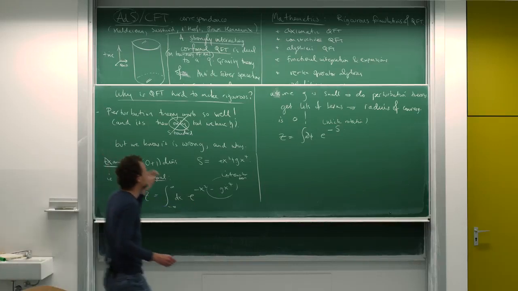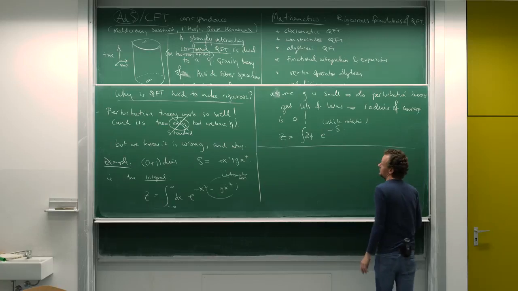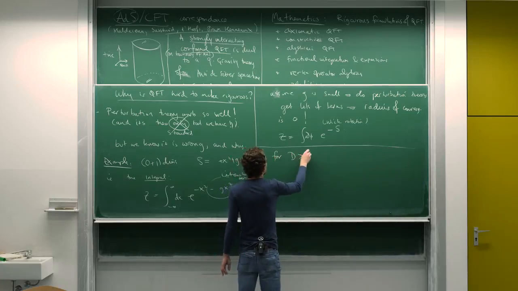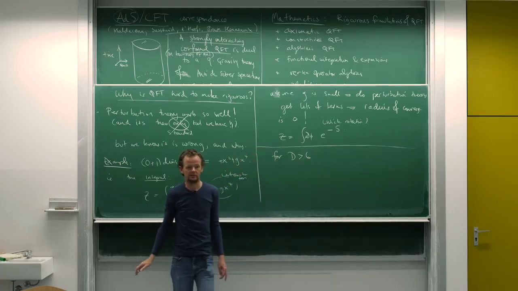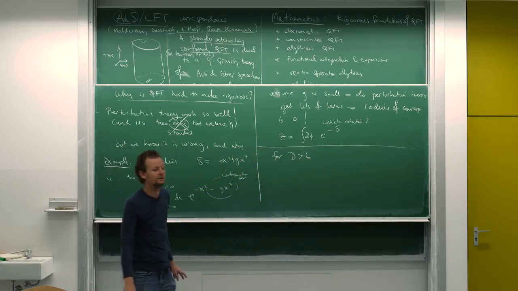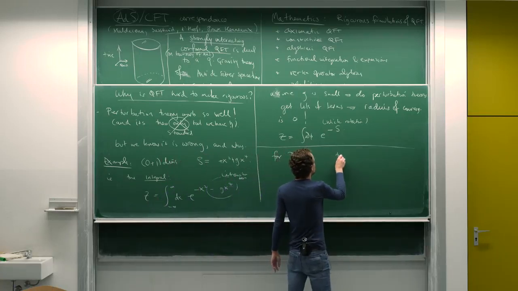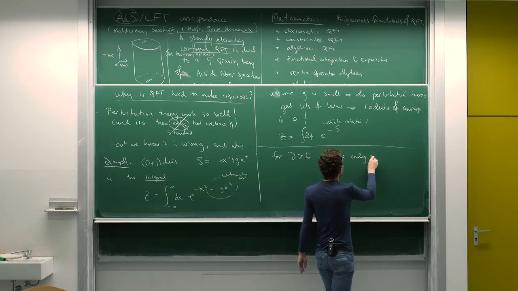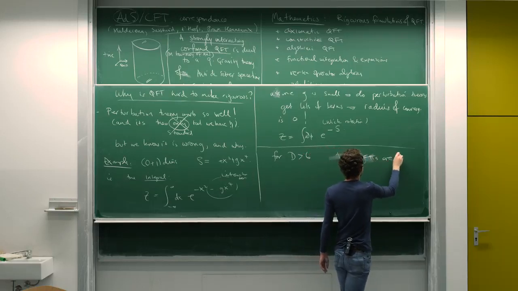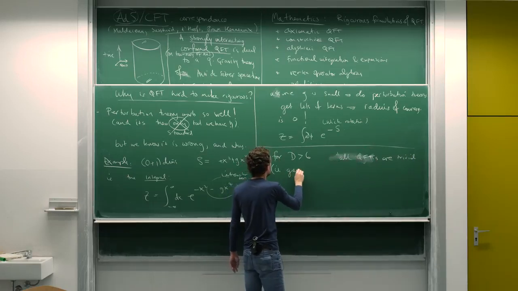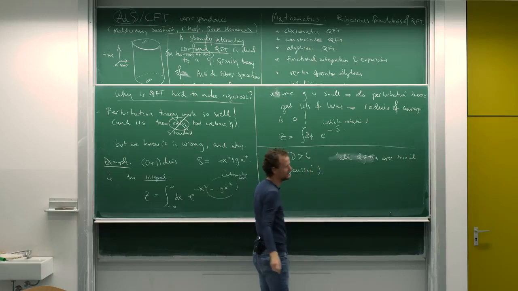There's one other thing, another reason why quantum field theory is hard to make rigorous. There's lots of evidence that physicists have accumulated over the years that tells us that for 6 space-time dimensions, in fact more than 6 space-time dimensions, all QFTs are trivial, Gaussian.